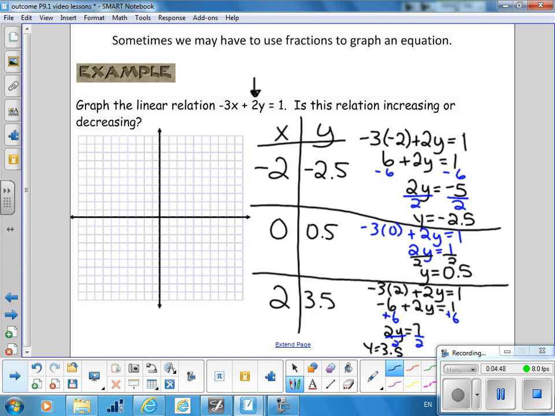So to plot our first point, we go 2 to the left and down 2.5. And we put our point. 0, 0.5, that means we do not move left or right, and we just go down half. 2 and 3.5 means we move 2 to the right and we go up 3.5. And now we join these with our line.